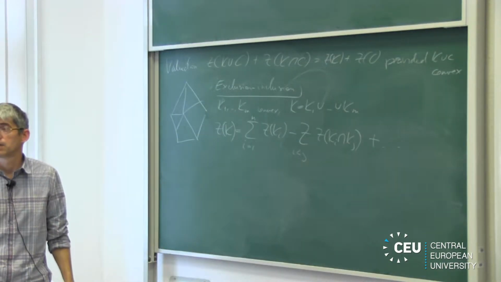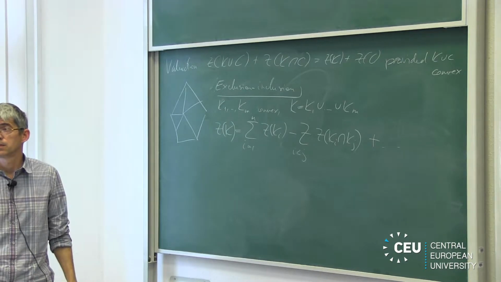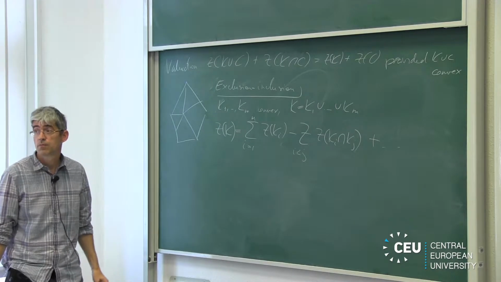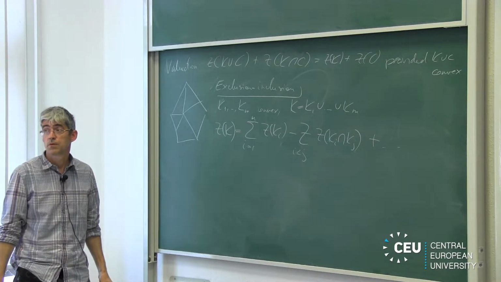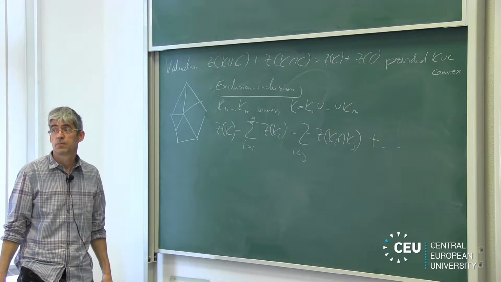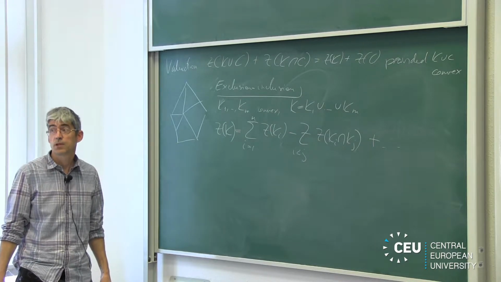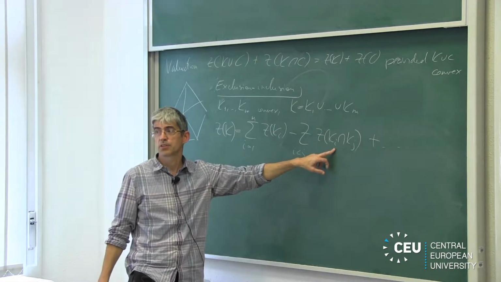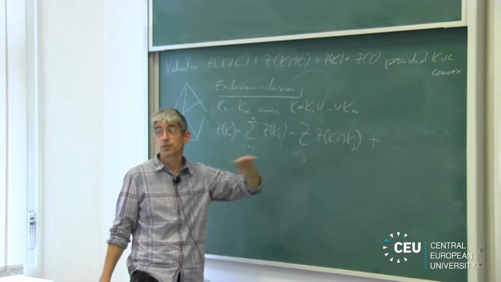Is it a problem that, for example, in your picture, you might want to do this step by step, with some sort of induction argument? It might happen that the whole union is convex, but the union of the first three is not. Sure. The inclusion-exclusion only uses intersections, but you are right.